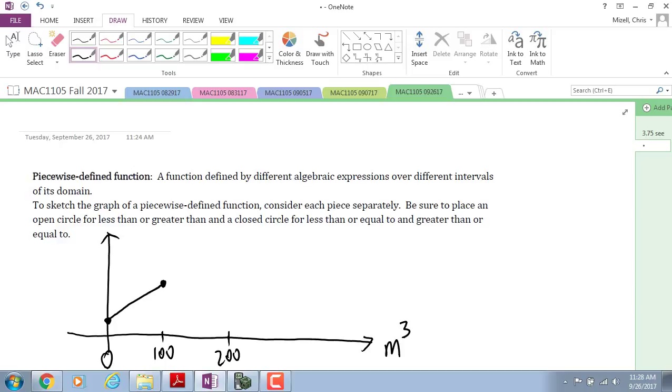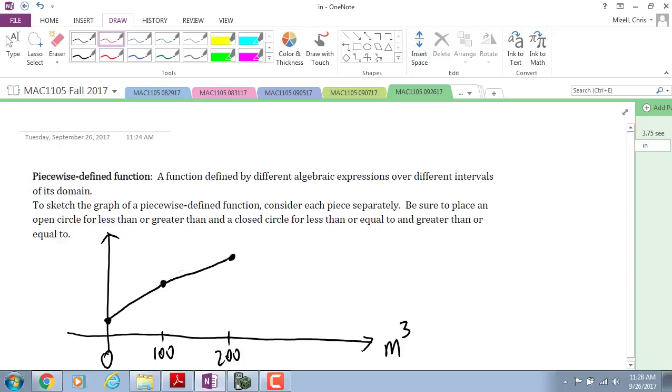So if you look at the graph, for cubic meters 100 through 200, it looks like that. It's more. They're using more natural gas, and so they get billed more, but it's not as steep. If they continued to be billed like they were for the first 100, it would have looked more like that, just an extension of that straight line. But it's a line segment with a different slope.